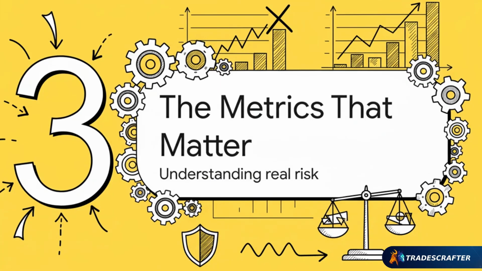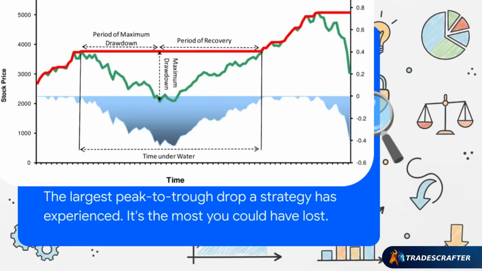Okay, let's keep going. Now we're going to move past those shiny headline numbers and really focus on the metrics that matter. These are the numbers that reveal a strategy's true character and, more importantly, its real risk profile. First on the list has to be maximum drawdown. Honestly, this is one of the most important metrics, period. It tells you the single biggest drop your account took from its highest point down to its lowest point. It is a measure of pain, pure and simple.